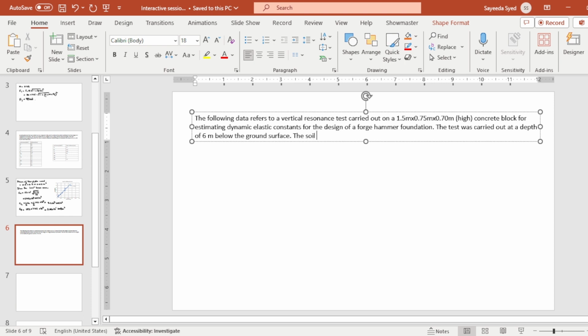The soil at the site was clay of low to intermediate compressibility. The weight of the oscillator motor is 2.1 kilonewton.